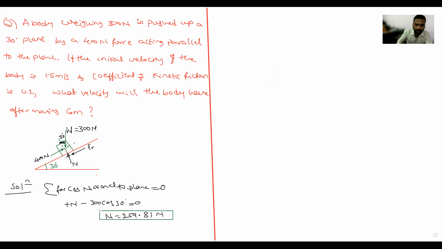Then how to calculate the F value? From the laws of friction, F is equal to mu into N. F is nothing but friction, don't get confused.